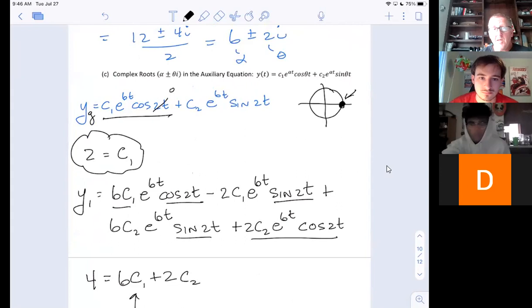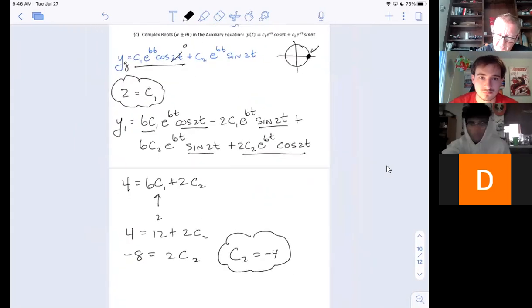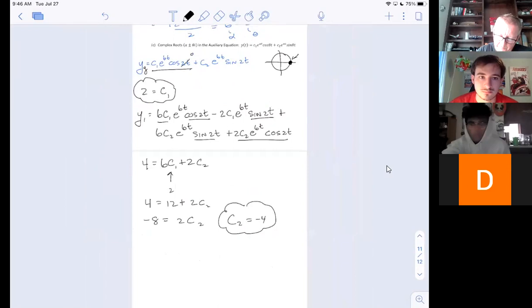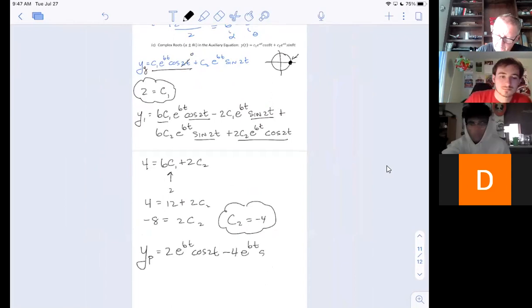That's all of them. But now our particular solution, y of p in particular, I just plug those constants in and everything else is just a big old repeat.